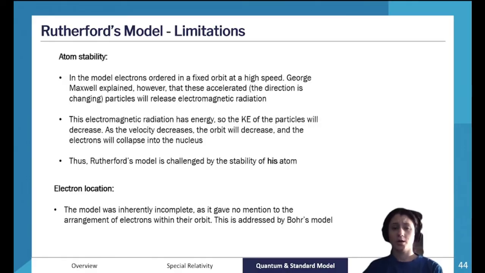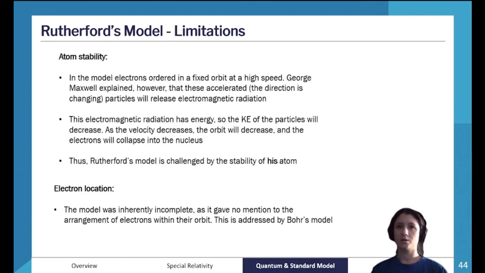The other issue with Rutherford's model was that the electrons were located in the wrong place. It doesn't give any mention of where the electrons are, which is addressed by the Bohr model, which we'll get into next. The other thing is the consequence of the atom instability.